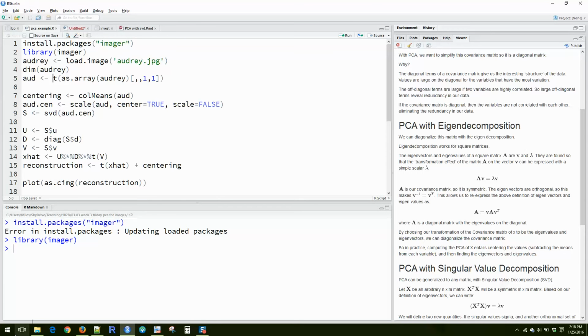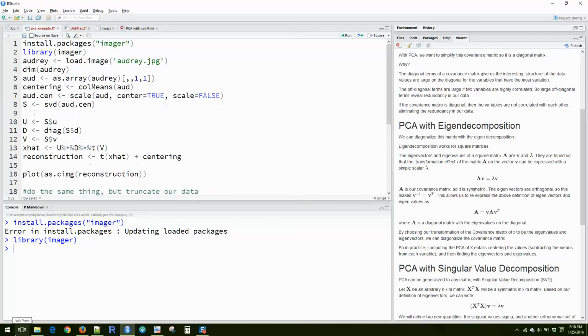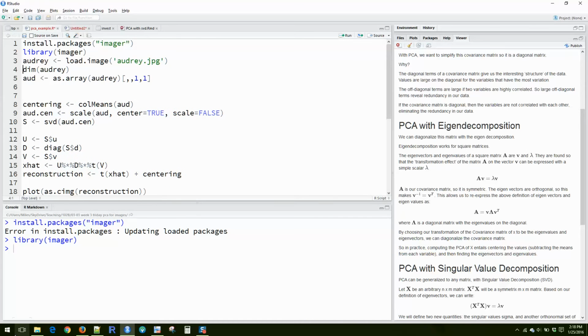So, install library imager. Download the image here, and I'm going to do the command load image here.